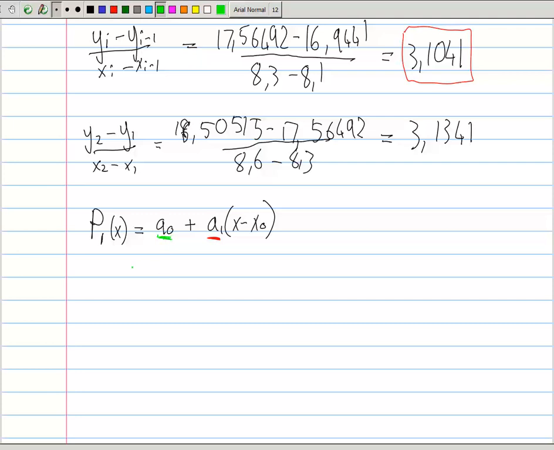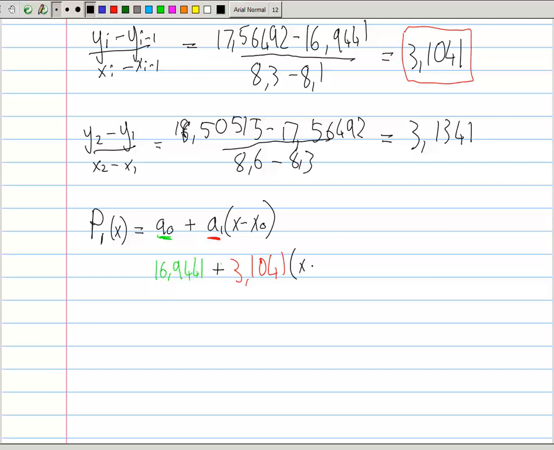So when we write that out, we land up with a p1 equals our a0, which is just our f of x0, which is going to be 16.9441 plus, and then we're going to have our a1, which is 3.1041 multiplied by our x minus x0.